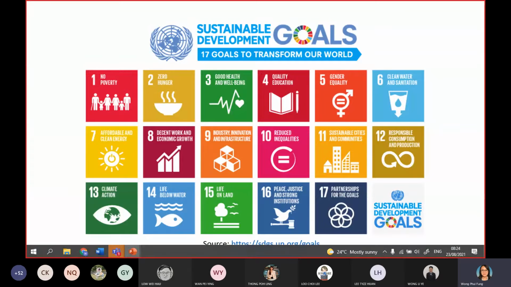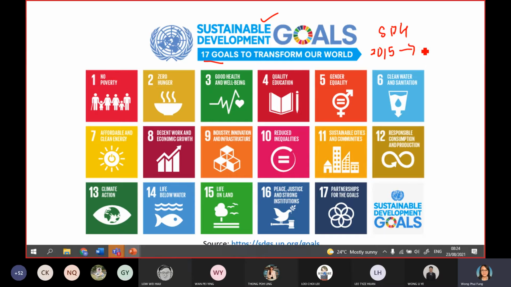Okay? And just for your general knowledge, we have the 17 Sustainable Development Goals, or in short form, SDG. These 17 goals were set by the United Nations to transform our growth, implemented in 2015, and they are long-term goals.